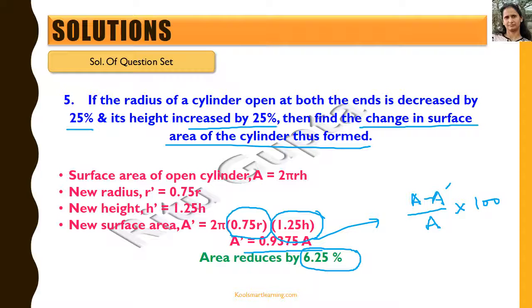So if we see, A minus A dash is equal to 0.0625 A, divided by A, into 100, and this A in the numerator cancels with A in the denominator, so we have 0.0625 into 100, which comes out to be 6.25% reduction in the area.